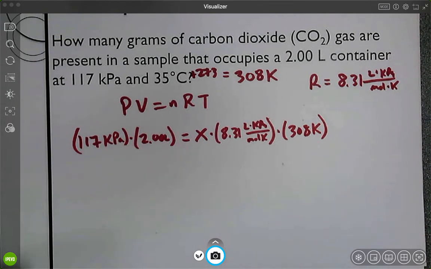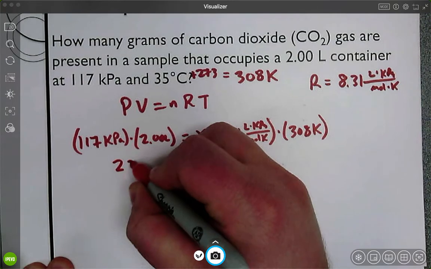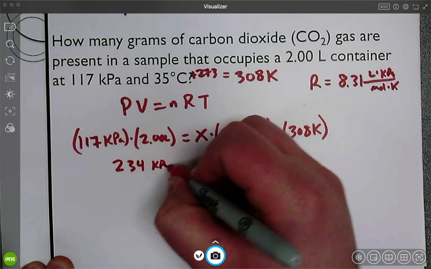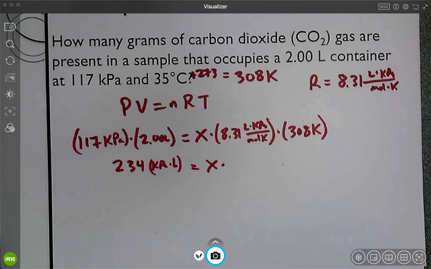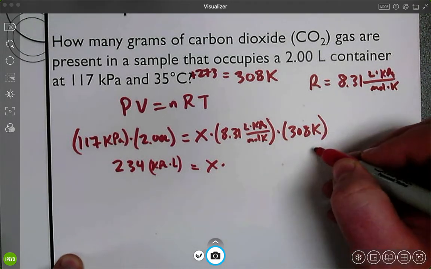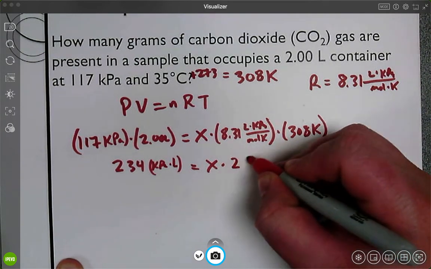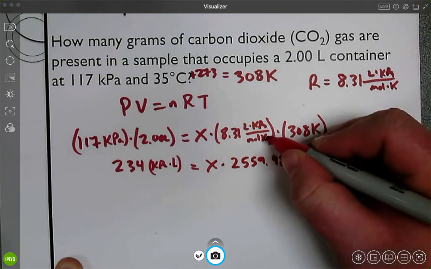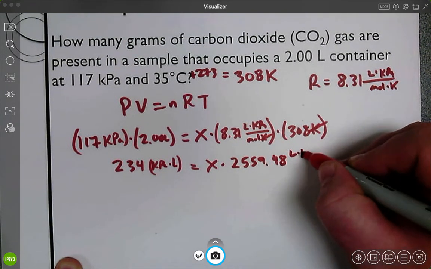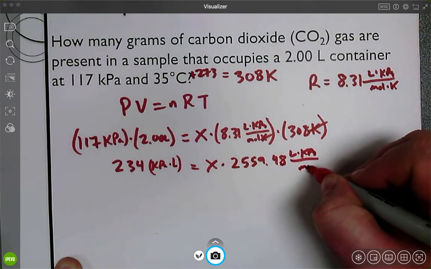First I'm going to simplify. This simplifies to 234 kilopascals liters. That's still X. 8.31 times 308 is 2,559.48. Kelvin cancels. Liters times kilopascals over moles.